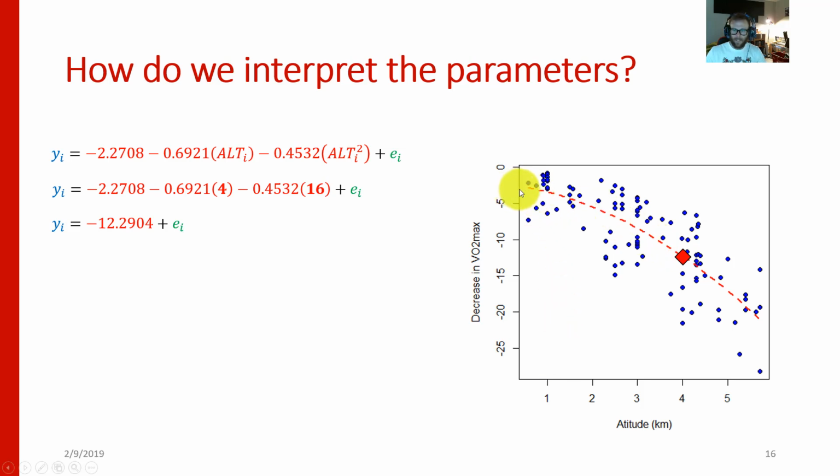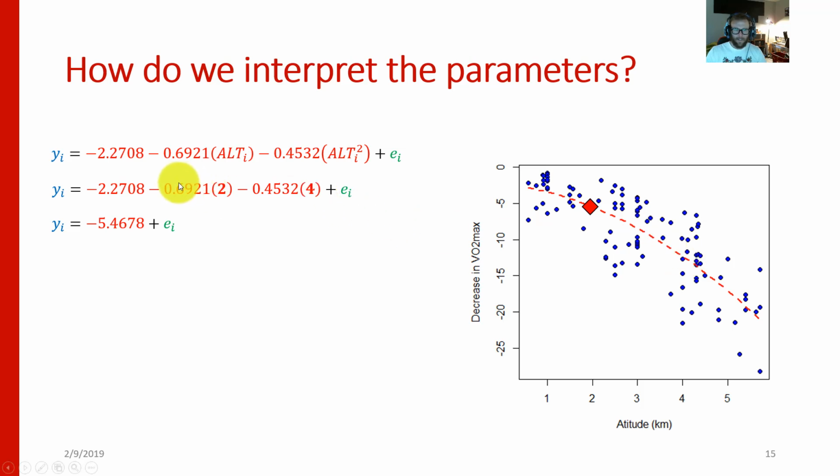If we go from 0 to 1, we haven't changed very much. And if we go from 1 to 2, we haven't changed all that much. We've gone down about 5.5 milliliters per kilogram per minute from 0 to 2. But now as we go to 4, we don't lose just another 5.5. We actually lose 12.29.